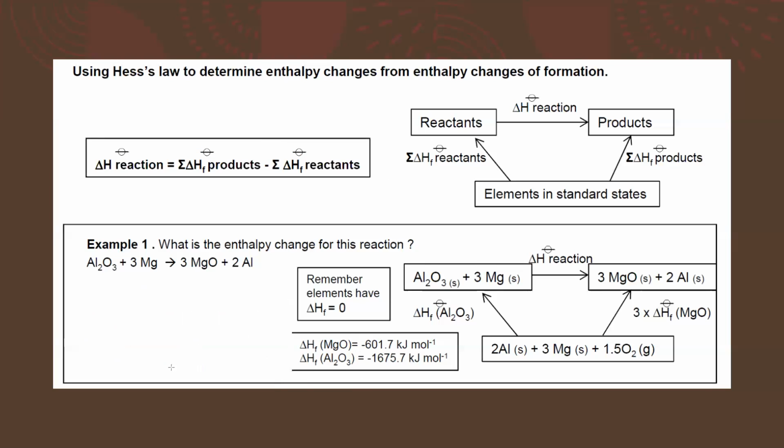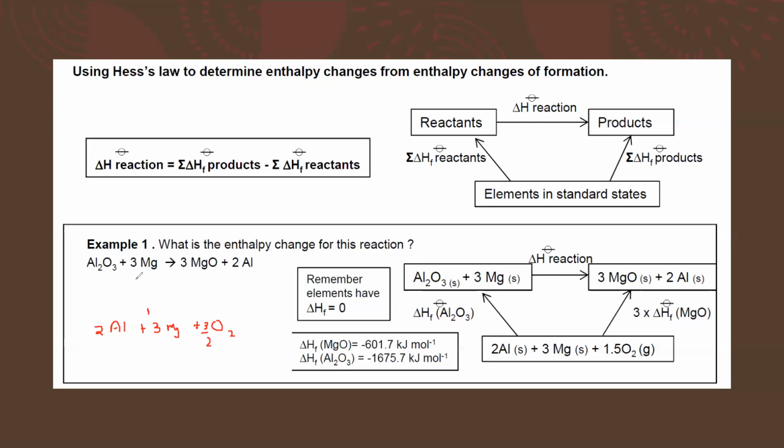Which link? We'll add elements. So what are the elements in this reaction? We have aluminium, and we need 2 aluminium. We need magnesium. And we need oxygen. How many? 3. So how can we have 3? It will be 3/2 O2, so that will give 3 oxygen.